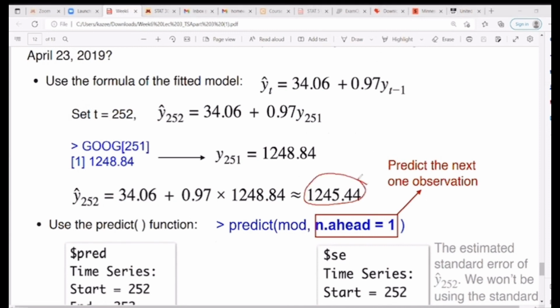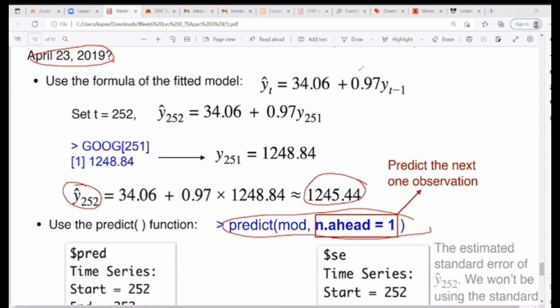Now, this is when you just use a manual one. If you want to use code, it's going to be predict, and ahead means you are predicting 1 day ahead. Don't forget, we want to predict for day 252, which corresponds to April 23, 2019.